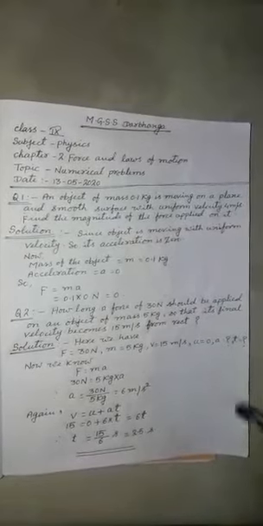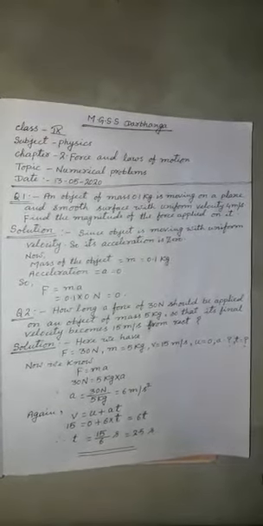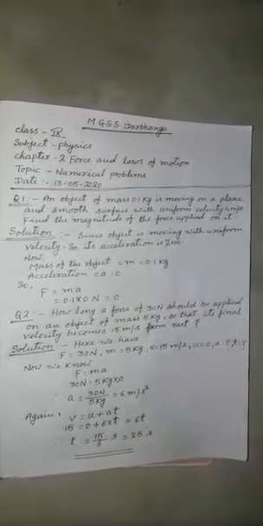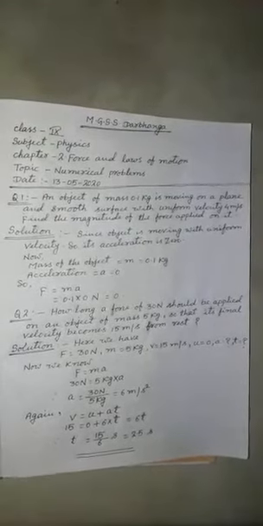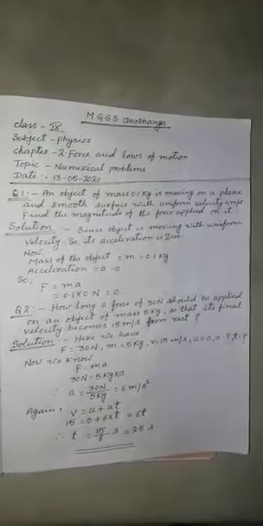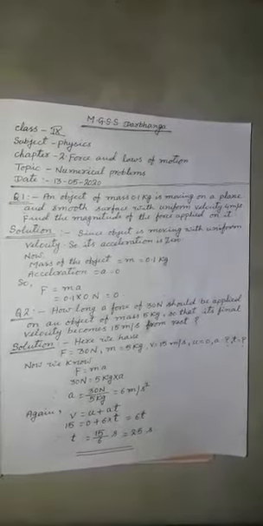Magnitude of force from the question is 30 Newton. 30 Newton force is applied on the object of mass 5 kg, means mass of the object is 5 kg. Its final velocity is 15 meter per second from rest. From rest means the initial velocity of the object is 0. Now its solution.